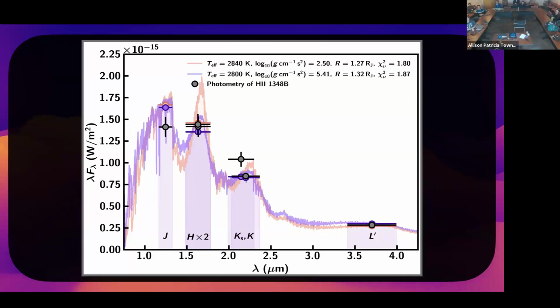It catches either side of it. So if it's lower on one end and higher on the other, it all averages out the same when you integrate across the bandpass. So really, we're only sensitive to the effective temperature with broadband photometry. And unfortunately, the previous near-IR spectra were not available for us to fit to.